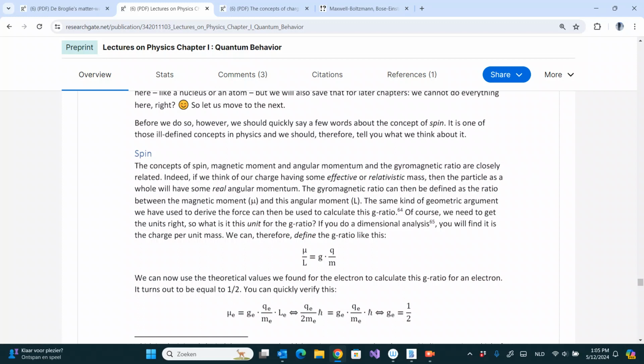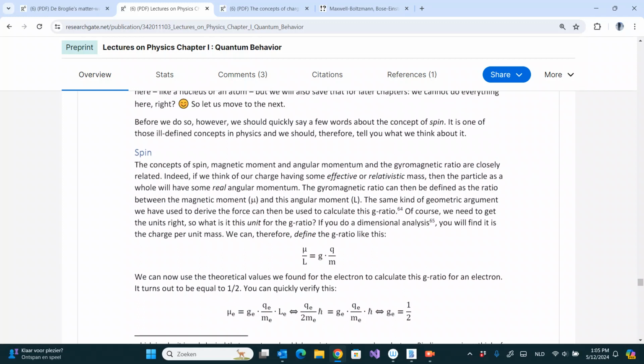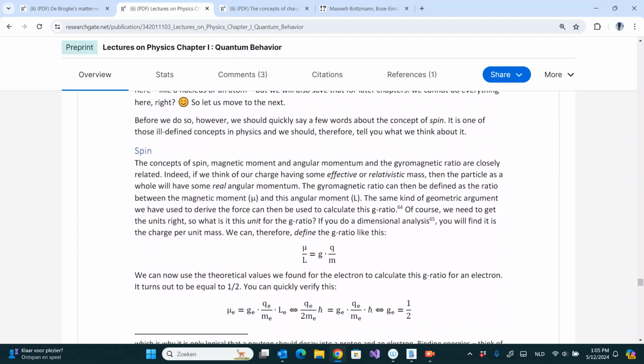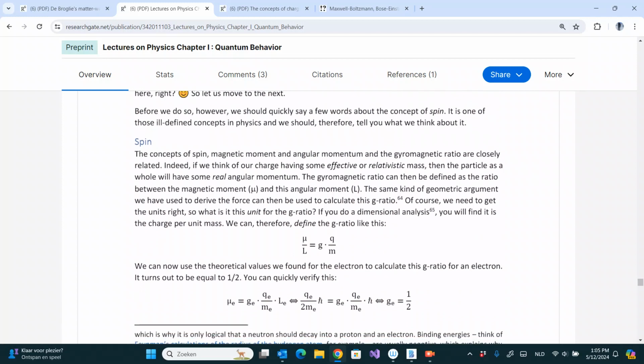They take up some space, because you have a point-like charge spinning around in that structure, and that creates a ring current, which generates a magnetic moment mu. I pointed it out here, see the equation here, and they have some real angular momentum. That charge has kinetic energy when it spins around, and so it has a real angular momentum. And we could take the ratio and then have an idea about how this thing should look.